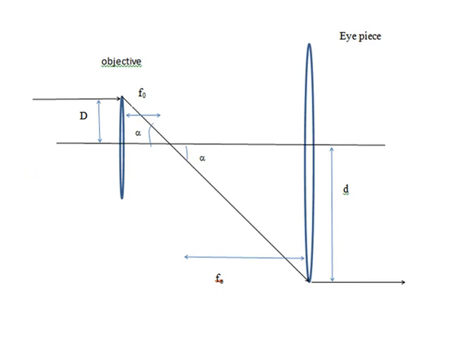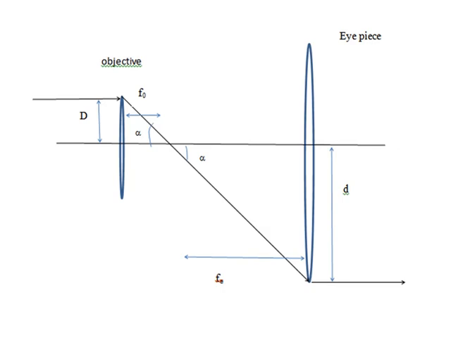Radius of the objective lens is capital D. Radius of the eyepiece is simple d. The focal length of the objective lens is f0. The focal length of the eyepiece is fe. Here we consider a parallel ray coming to the objective lens. Then from the diagram, tan alpha is equal to capital D over f0.